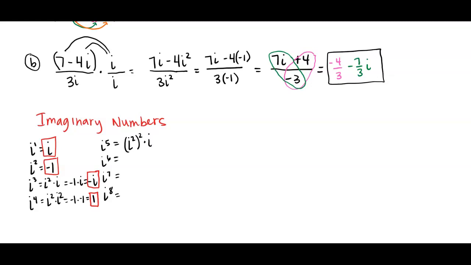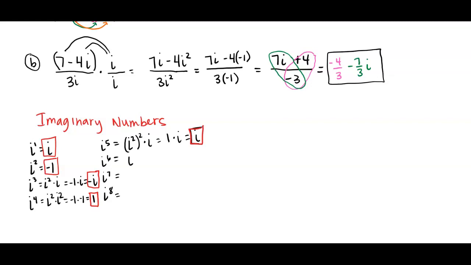Well, I know i to the fourth was 1, so this is just saying 1 times i, which is just i. So we have i again, right?